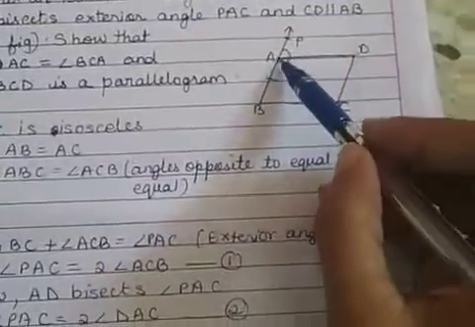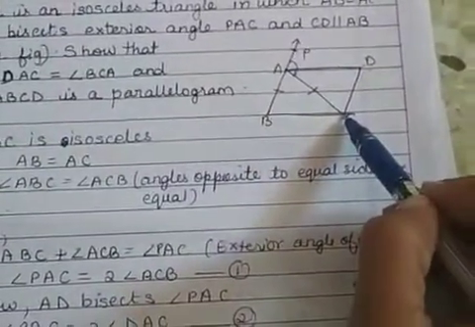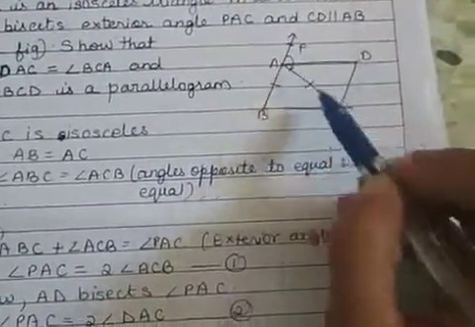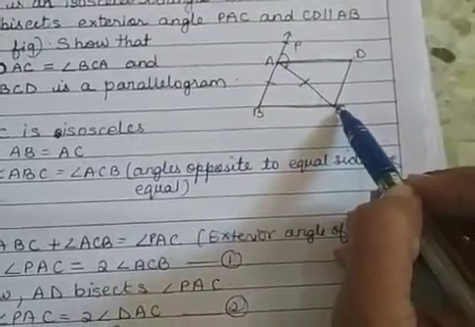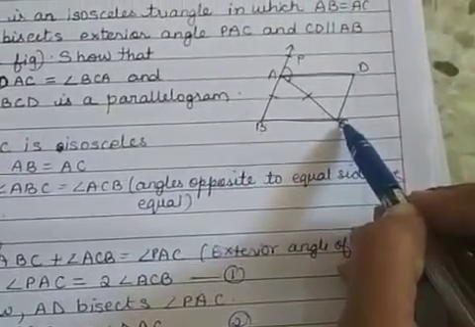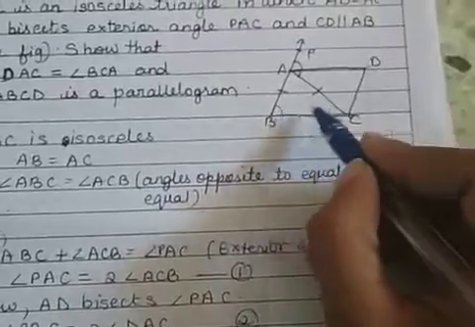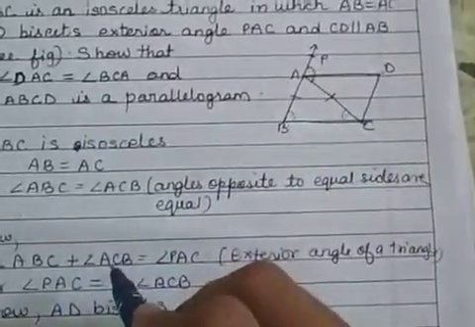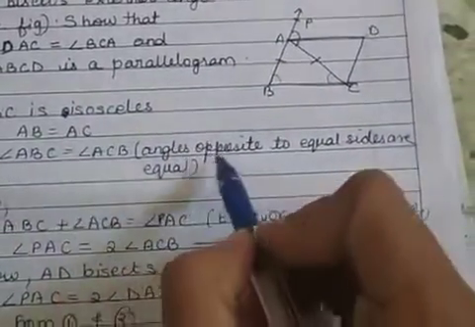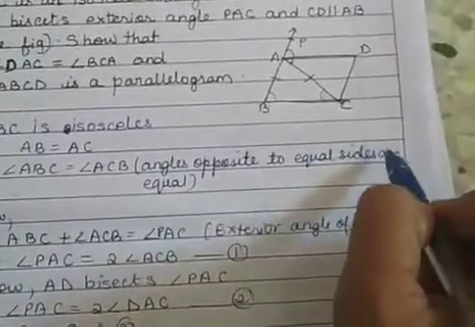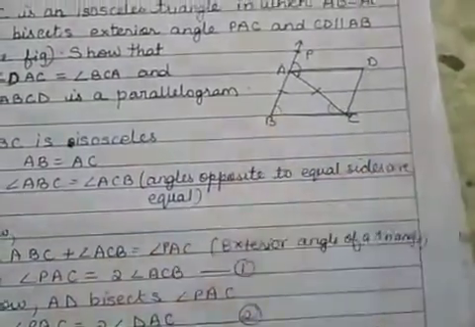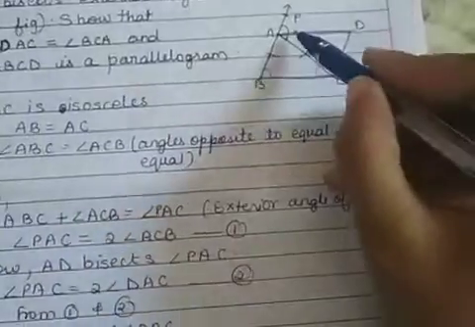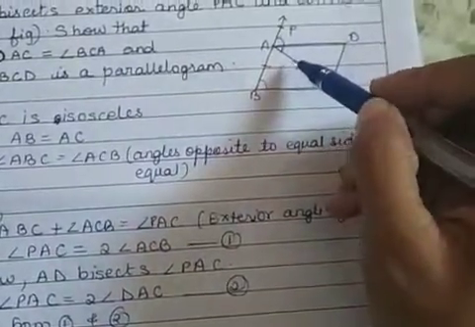Now we know that ABC is an isosceles triangle. So AB is equal to AC. If that is the case, you know that this angle will be equal to this angle, right? What is the reason? Because angles opposite to equal sides are equal. Now, you know the exterior angle theorem, correct?